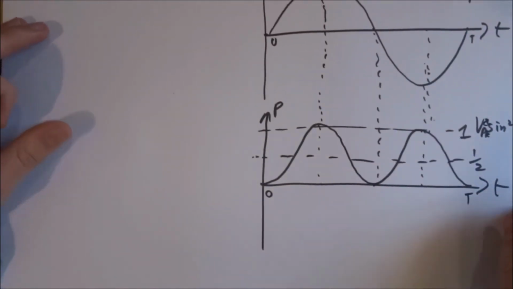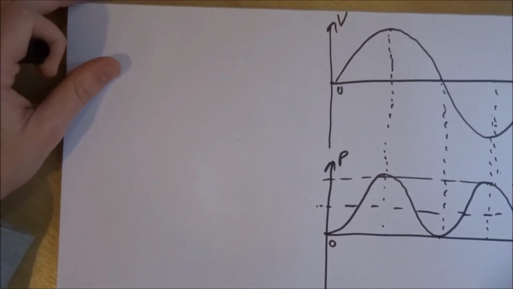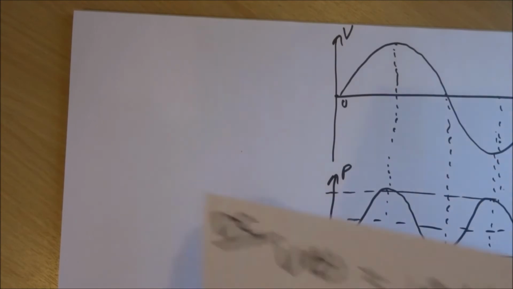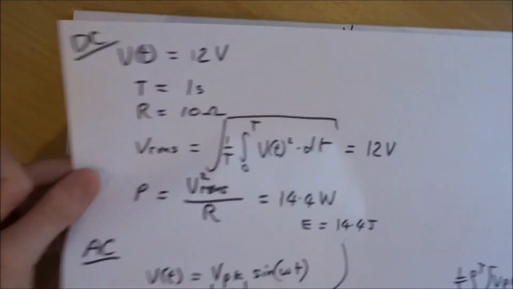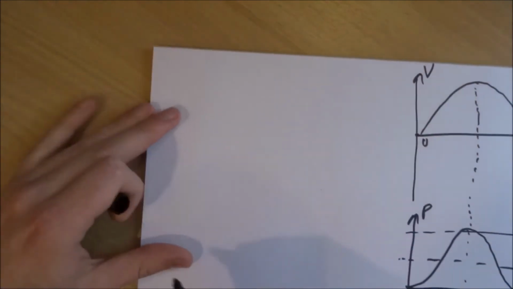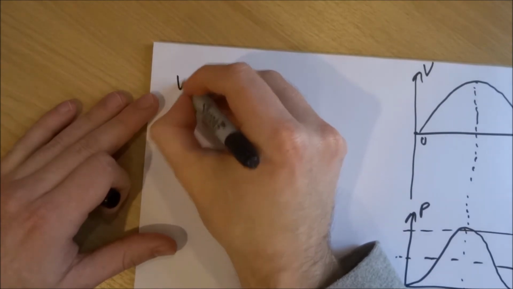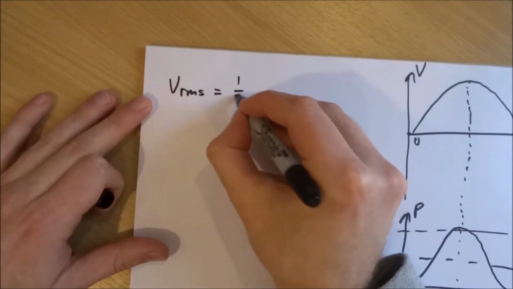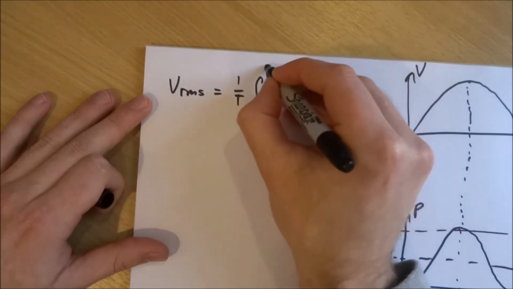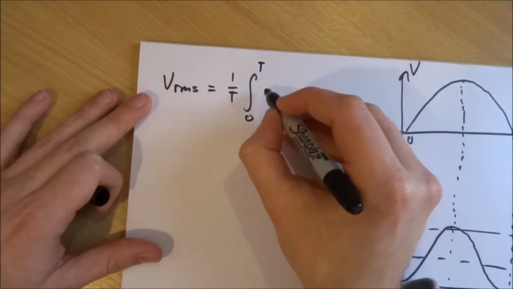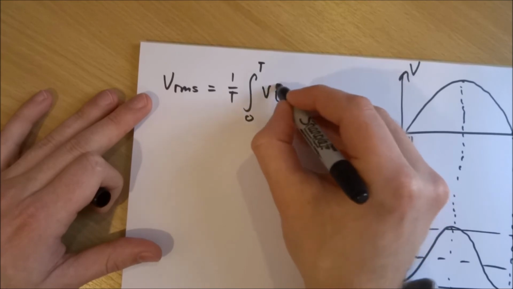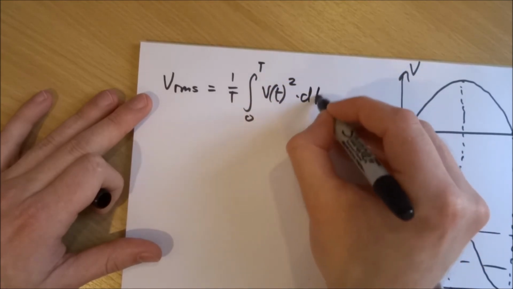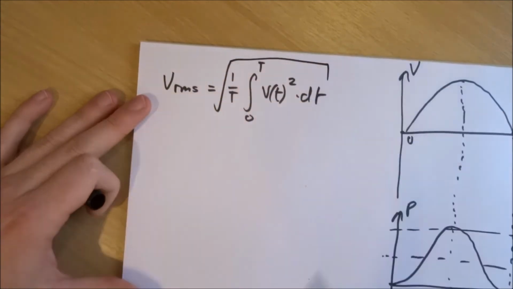So if I want to work out the RMS voltage, I use our formula again, the one that we derived before, and we say that the RMS is equal to 1 over T times the integral from 0 to T of v of t squared dt, and we take the square root of the whole thing.